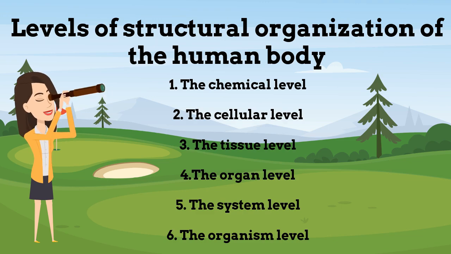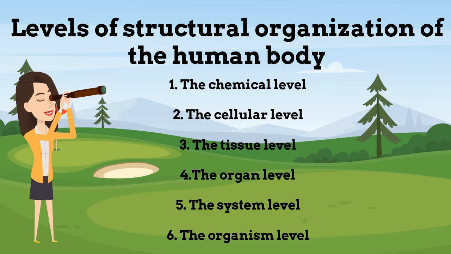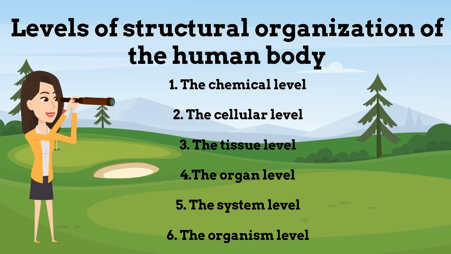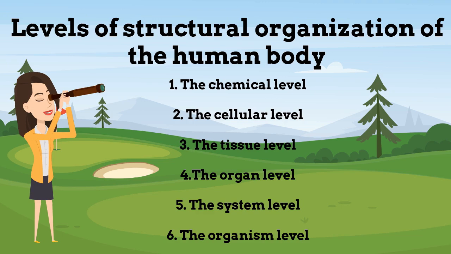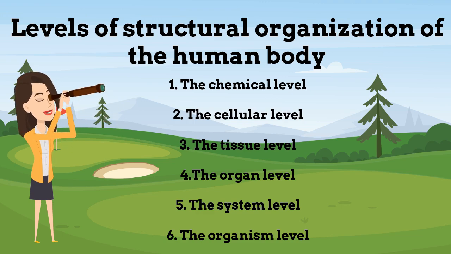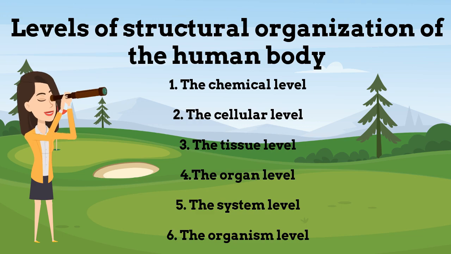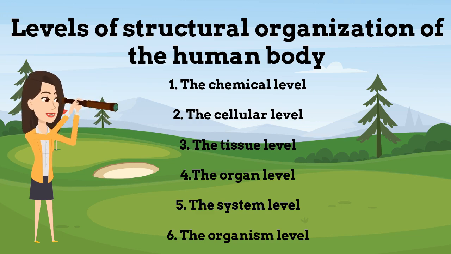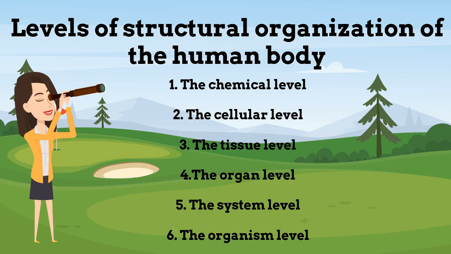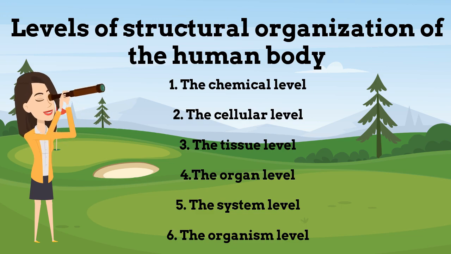At the system level, the systems are formed by a number of organs working together for a common function. For example, let's have a look at the respiratory system. We know that the lungs are the central organ, but it is also dependent on the nose, mouth, and a series of tubes such as the trachea and bronchi, all with the purpose of delivering air to the lungs.